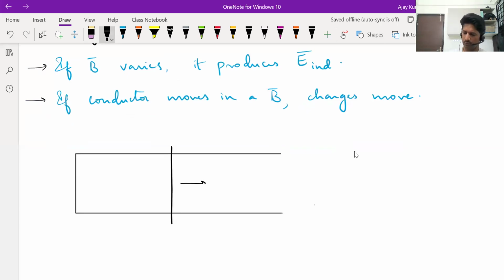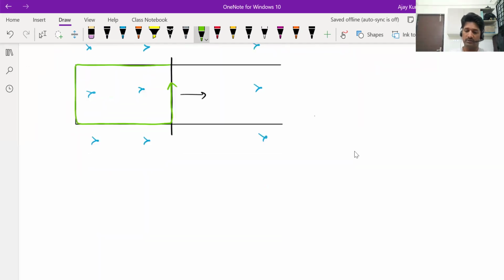This rod moves, there is a magnetic field, EMF gets generated. If you know the resistance, how much is the current? Because here there is a well-defined path for the current to flow. So we call that normal current.